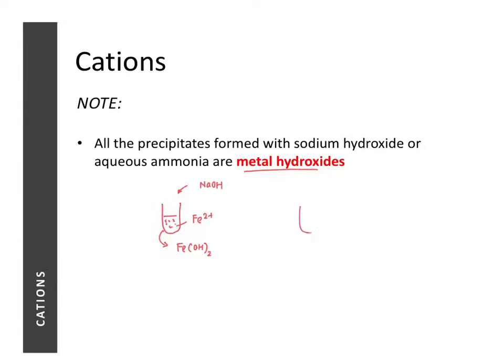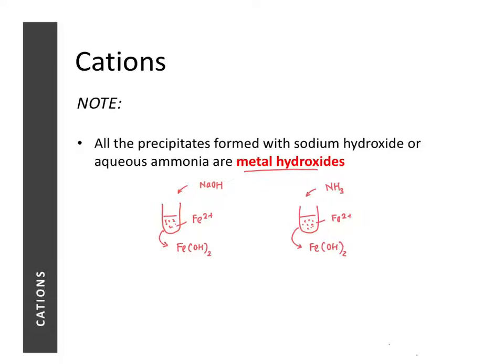Okay, if I have a solution of iron 2 ions and I add aqueous ammonia to the solution, I will see a dirty green precipitate. What is the identity of the dirty green precipitate? It is also iron 2 hydroxide. Now, you may be wondering, by adding aqueous ammonia, where did the hydroxide come from?